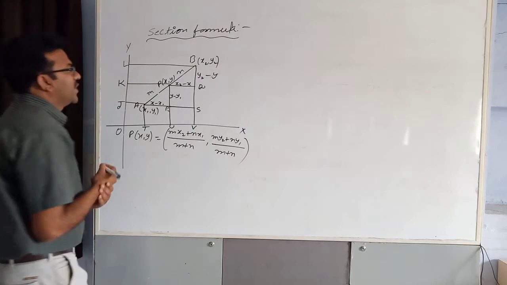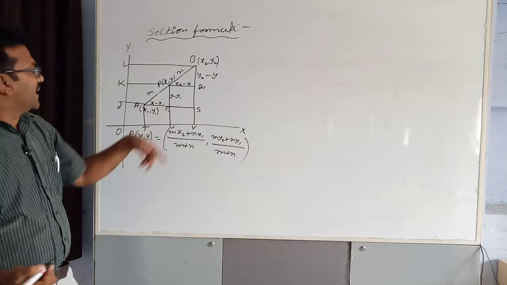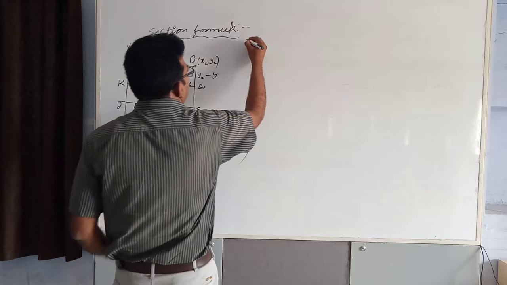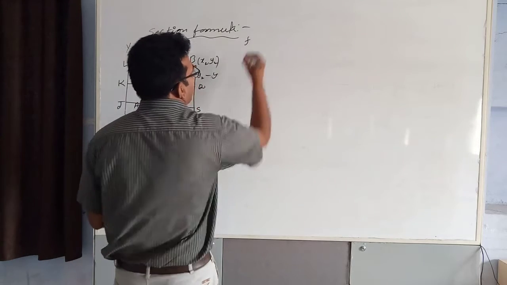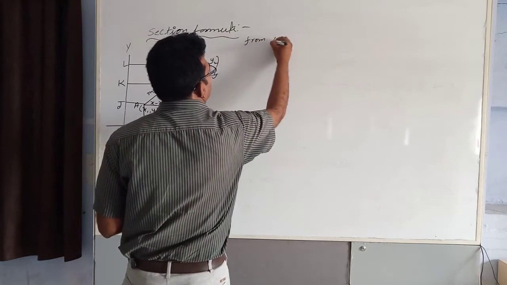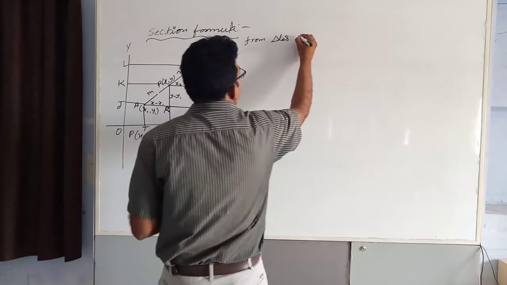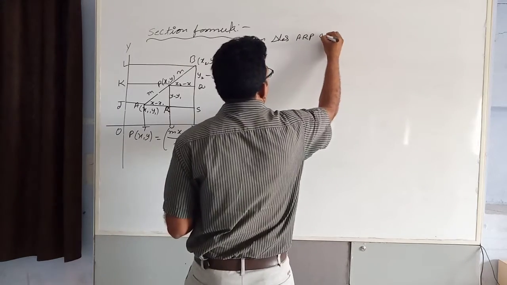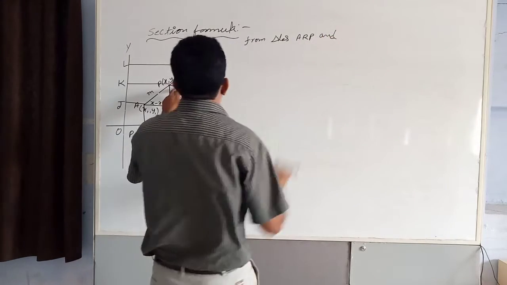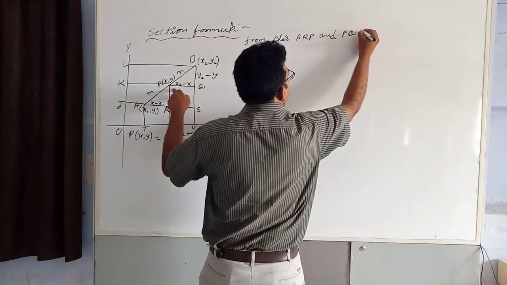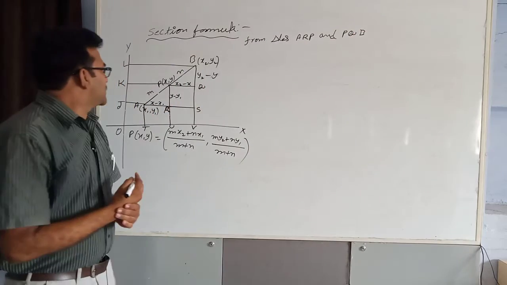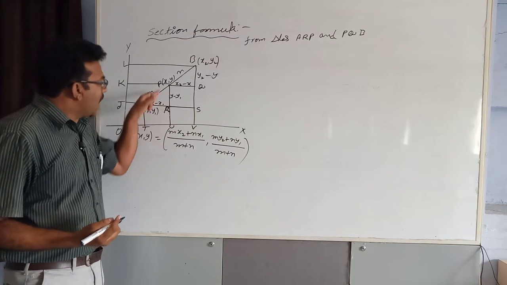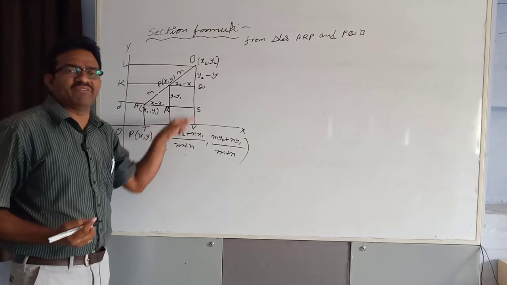So from the figure, in triangles ARP and PQB, observe that AT is parallel to PU and PU is parallel to BV.